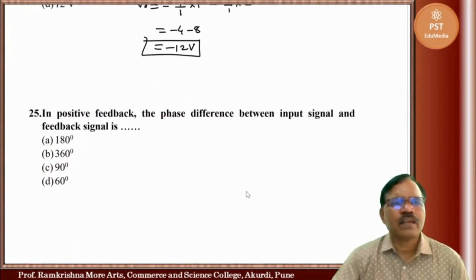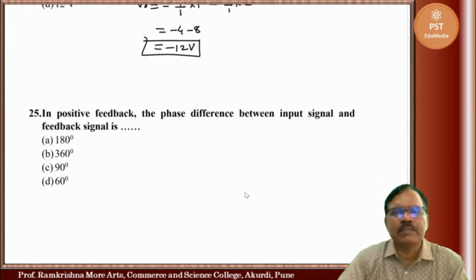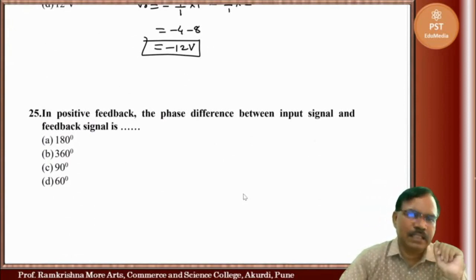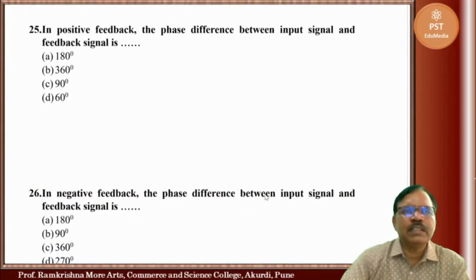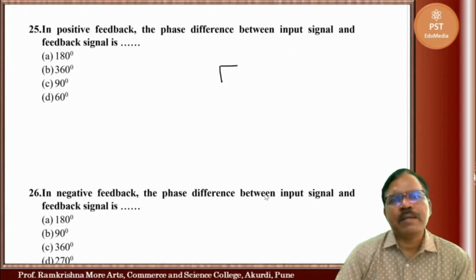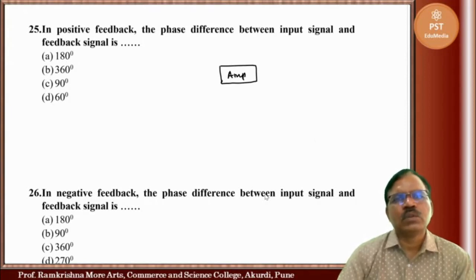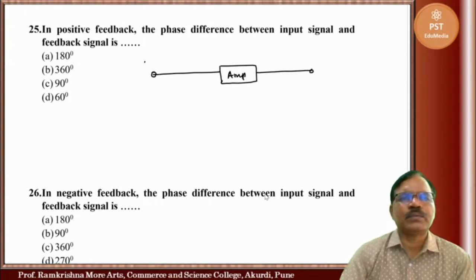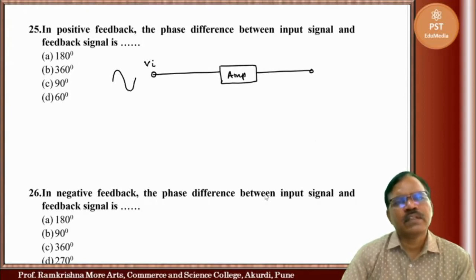Now next one. In positive feedback, the phase difference between input signal and feedback signal is. So if we see an amplifier, suppose this is an amplifier circuit. So here we have input, and here we have output. So if we have a signal here, suppose an AC sine signal, at the output the signal is inverted.